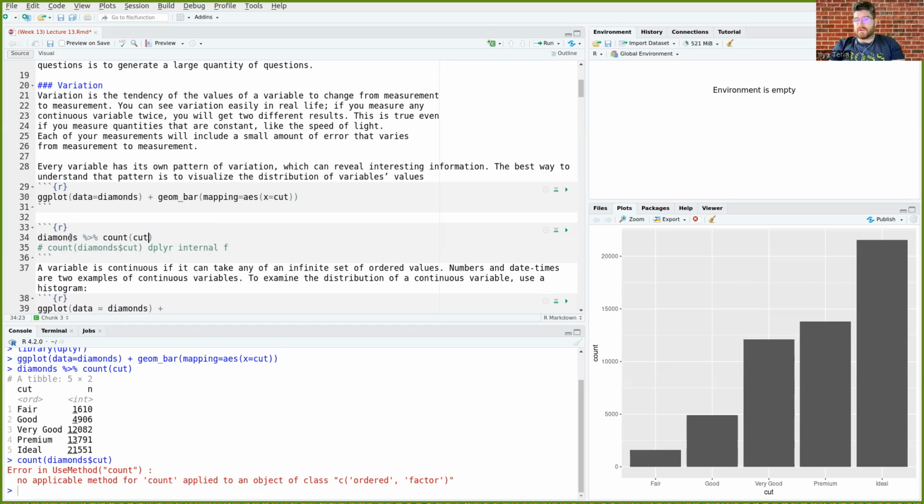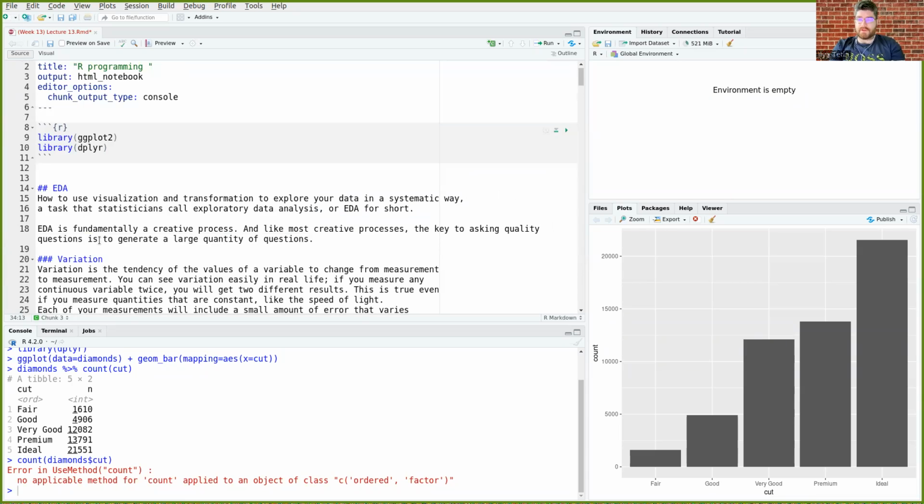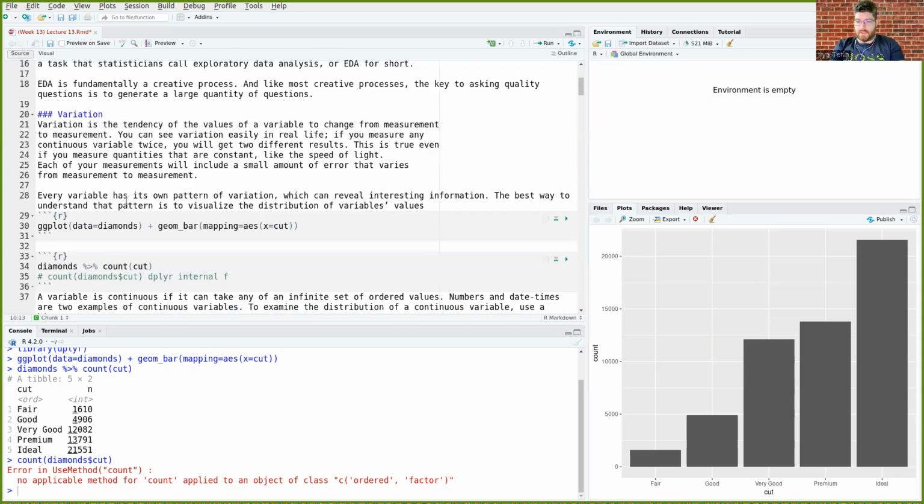The same thing, that we place some data set or some variable inside the function. And this pipe is a special invention of one particular person who invented a whole new way of working with data, and especially the dplyr package.